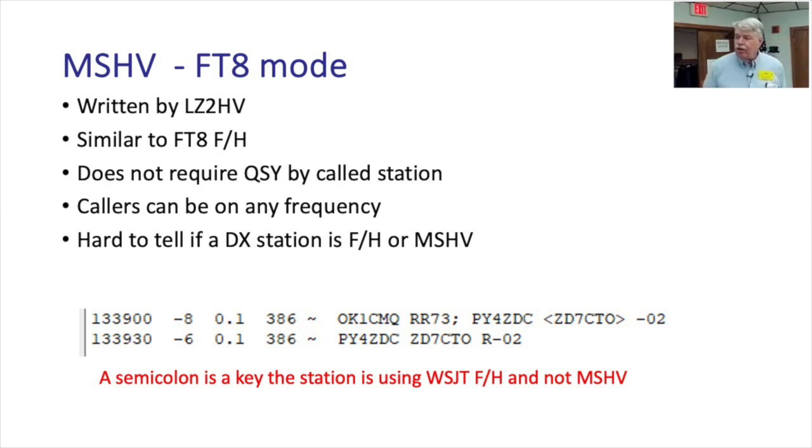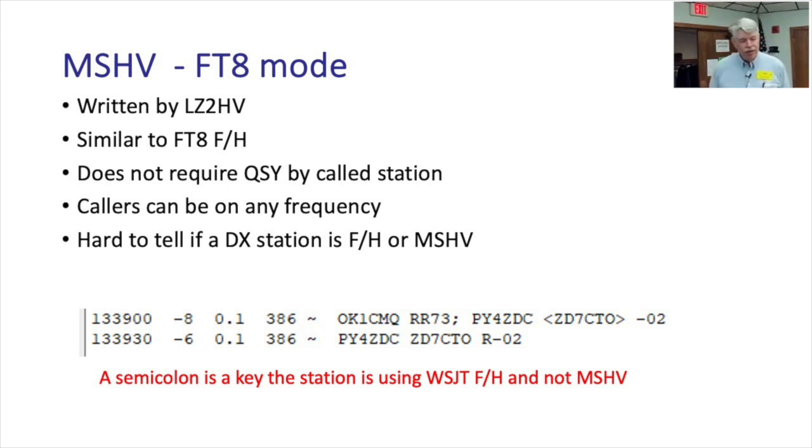If you look at the decode window below there, you see OK1CMQ R73, then the semicolon and the PY4 station where he's sending a signal report. That is basically the hint that it's Fox and Hound FT8 and not MSHV.